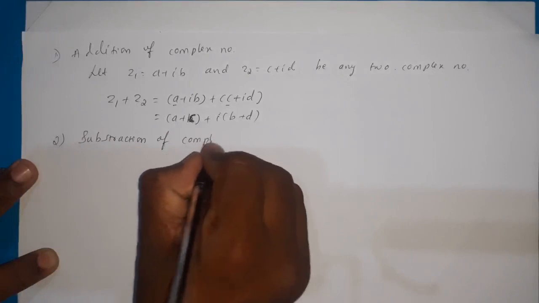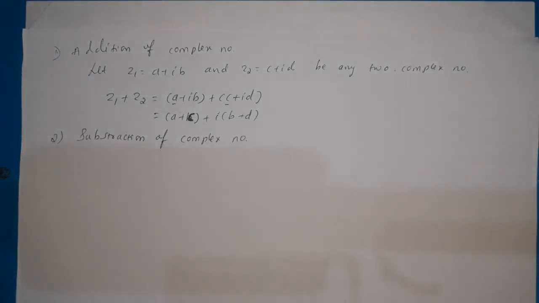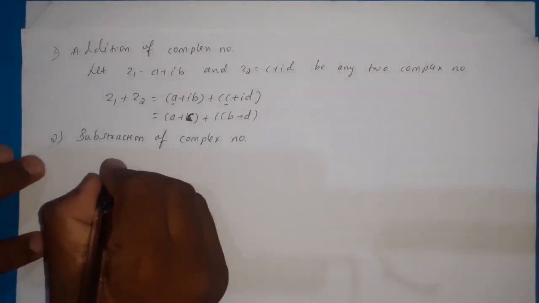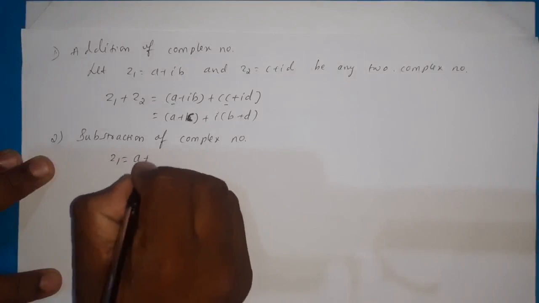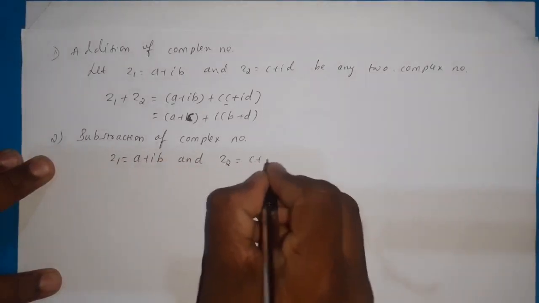Similar to the addition of complex numbers, we subtract two complex numbers. Here also we need to subtract real parts and imaginary parts separately. Here also consider z1 equal to a plus ib and z2 equal to c plus id.